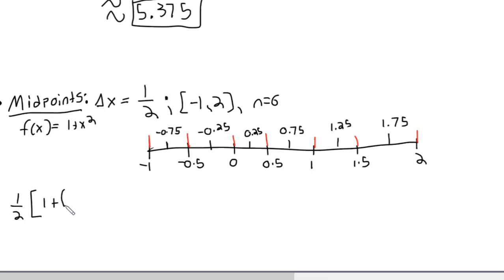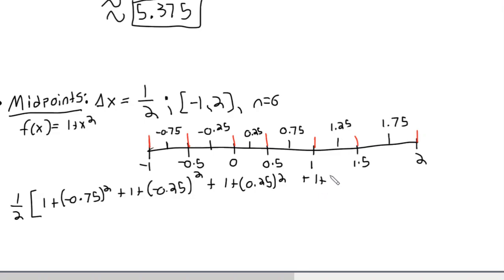So 1 plus negative 0.75 squared, plus 1 plus negative 0.25 squared, plus 1 plus 0.25 squared, plus 1 plus 0.75 squared, plus 1 plus 1.25 squared, and then plus 1 plus 1.75 squared.